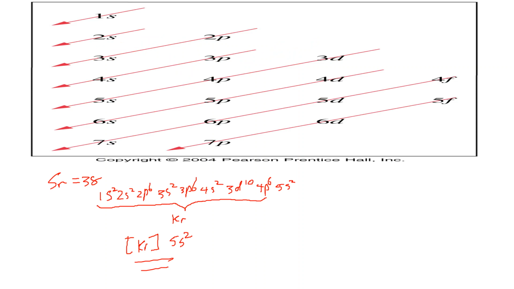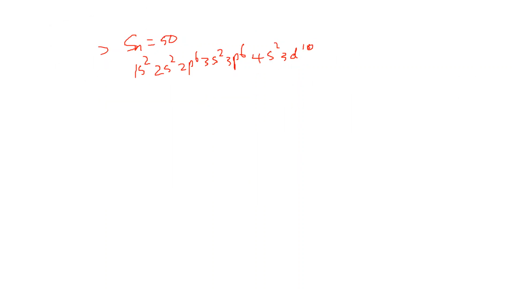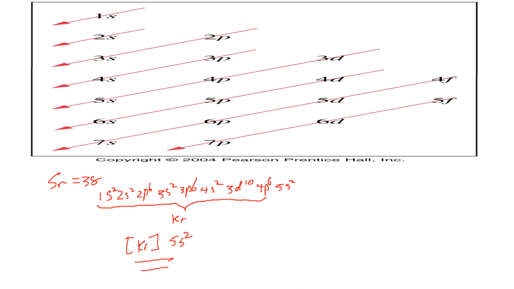So after 3d, you have 4p, so that would be 4p6. And then after 4p, hold on, let me see here. So up to here is 36. So after 4p6, what do we have?